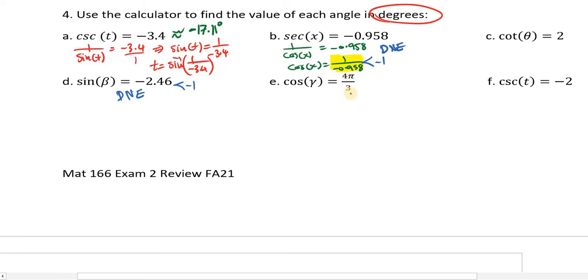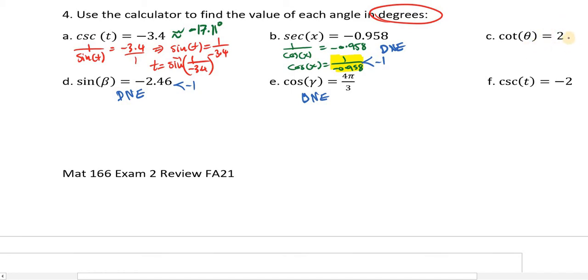We know that 4 pi over 3, that is 4 times 3.1415 over 3, is going to produce something that is bigger than 1. So we're going to say this does not exist either, because cosine cannot be bigger than 1, which means it's out of the range of cosine, and we can't find it.